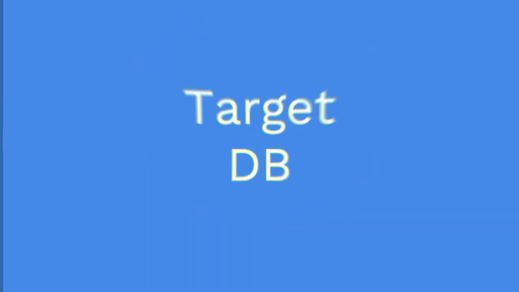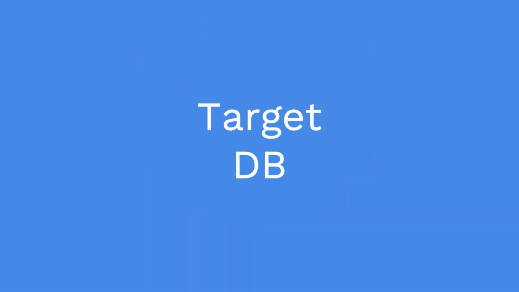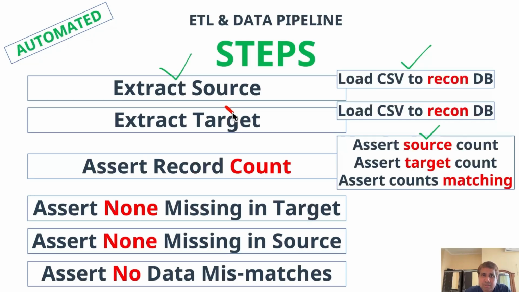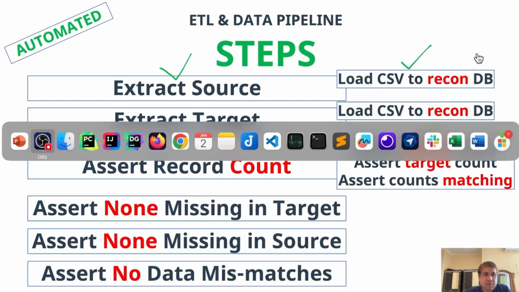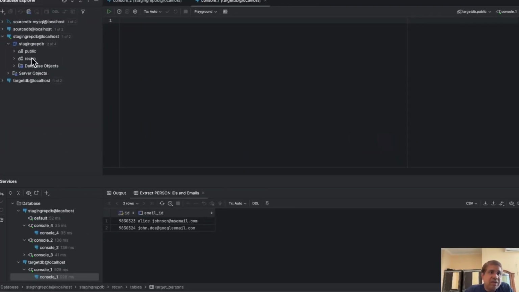In this video, we are going to do exactly a similar thing, but for the target database. We'll extract the data, get it into a CSV file, and load that CSV file into the reconciliation database. If you check the current state of the reconciliation schema, it should have only one table, which is the source customer.